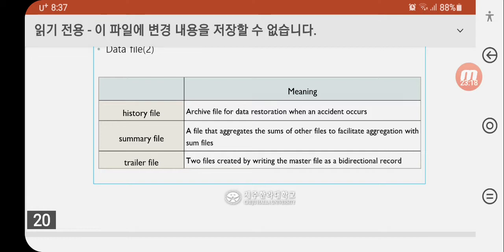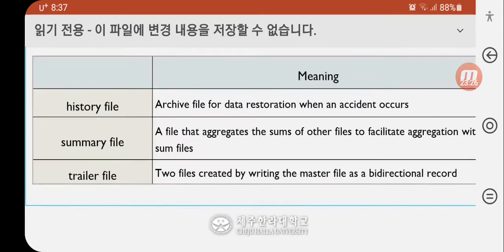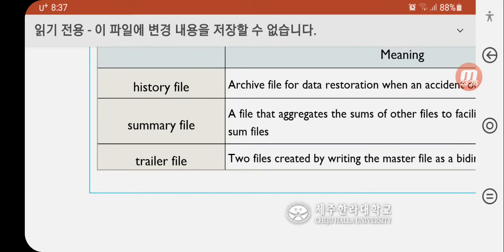And last, trailer file is a file created by writing the master files as a bidirectional record. Totally 6 kinds of data files.